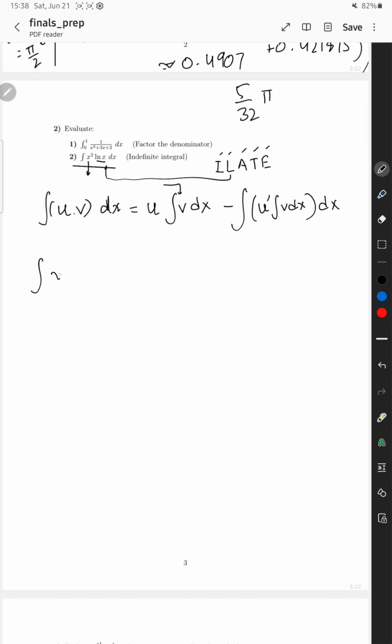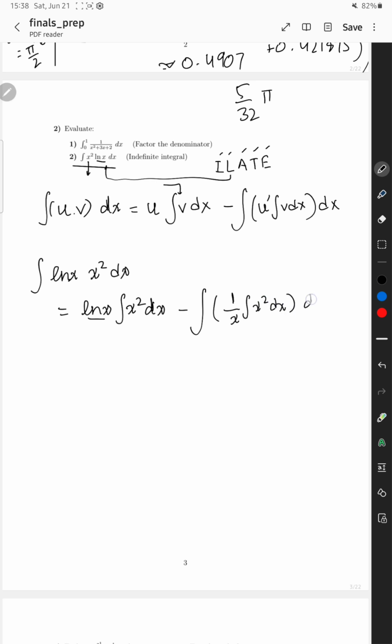Let's see how that helps us out and why the alternative is not good. So we can put it something like x square ln x. Just let's put it in the right order so that we remember that. Ln x and x square dx. First function as it is, integrate the second one, minus integral of the derivative of ln x, which is 1 over x, and then the integral of x square dx again, and then the whole integration of that. The integral of x square becomes x cubed by 3 by the simple power rule.